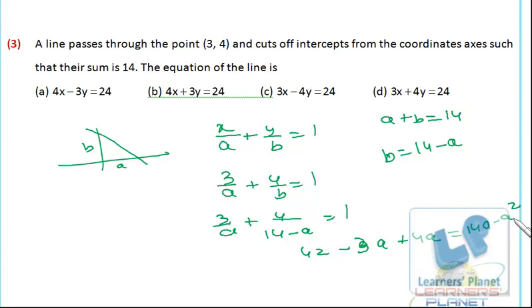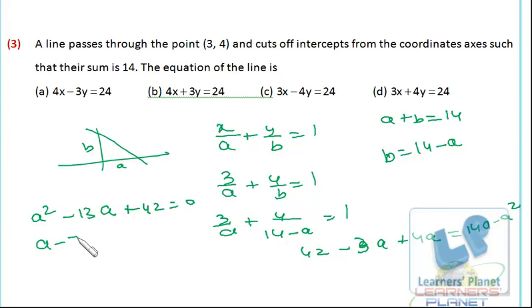Okay, so I just take this side, A square, then minus 14A, and minus 3A, that is minus 17A, plus 4A, that is minus 13A. Okay, plus 42 is equal to 0.